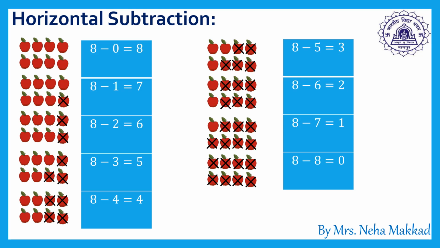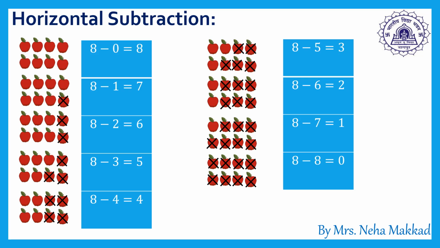When we cross out 5 apples, the difference is 3. When we cross out 6 apples, the answer is 2.